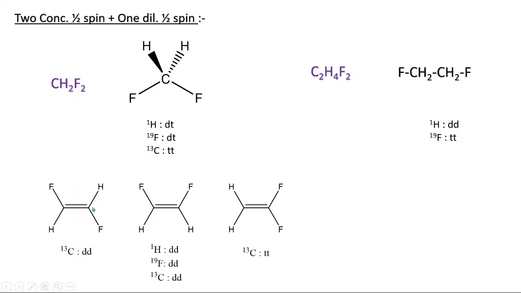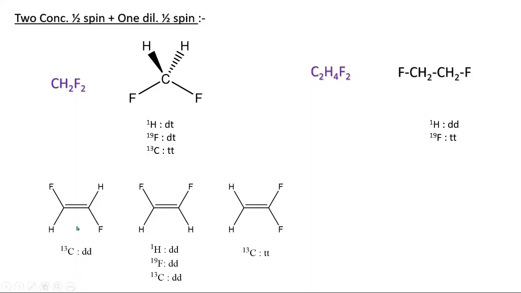We know the J value, the coupling constant for carbon, is only one bond. It will not couple with the far fluorine because the bond distance is very high. So 1J coupling is seen in carbon, and for proton, 1J, 2J, 3J and so on, and for phosphorus, coupling lasts up to 5 bonds, 5J.